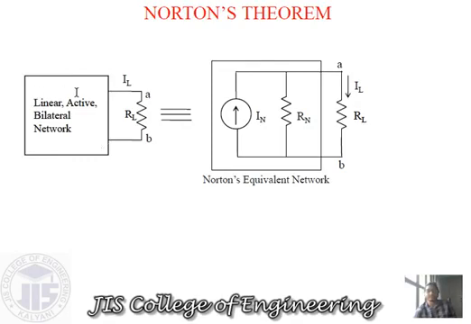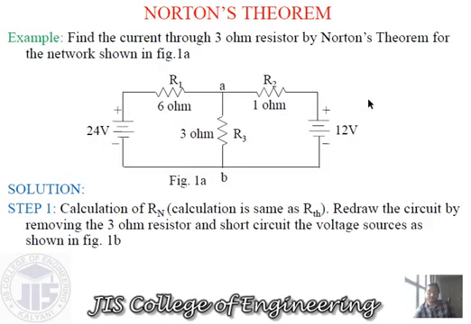Whatever there may be, several voltage sources, several current sources, several resistances, that overall portion is going to be changed into a simple network: only a current source and only a resistance connected in parallel to each other, and the load resistance is connected over here. So the complicated circuit is now represented by a simple circuit, and by that you can easily find the load current.